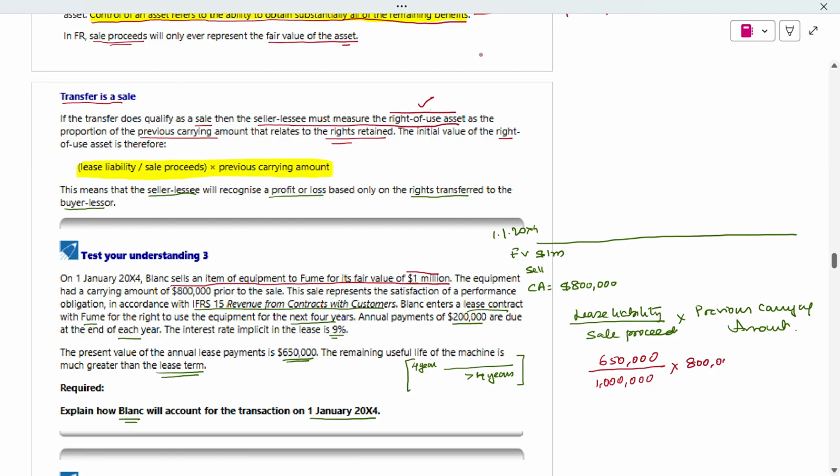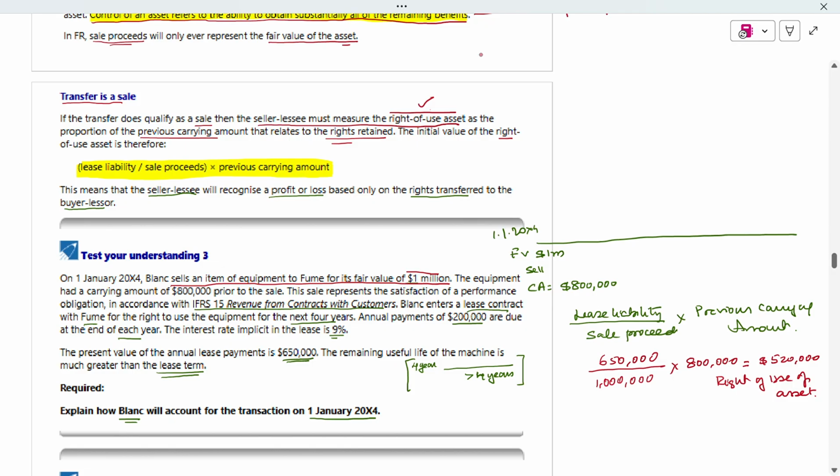It comes to 520,000. This is the value of the right-of-use asset. Are you clear about this?